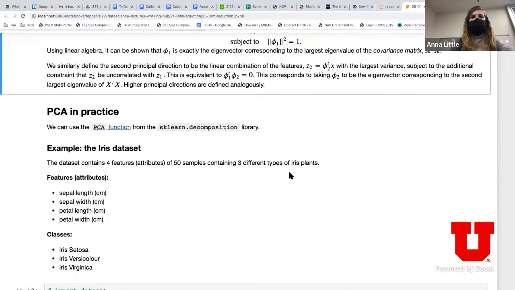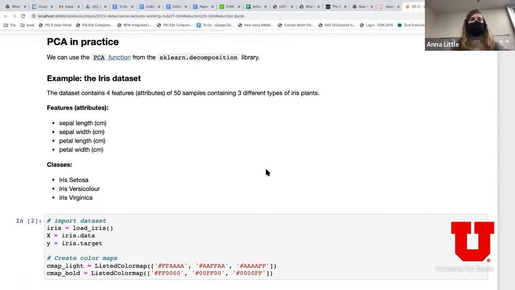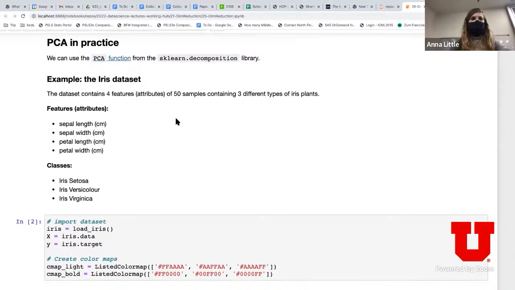All right, so PCA in practice. Like I mentioned, we can use the PCA function from the sklearn.decomposition library. Let's start off looking at the iris data set, which we have looked at a few times now.